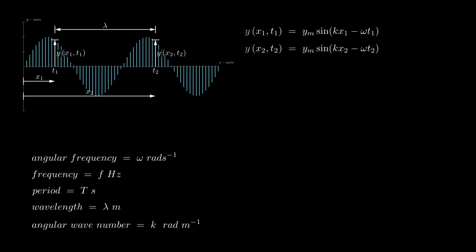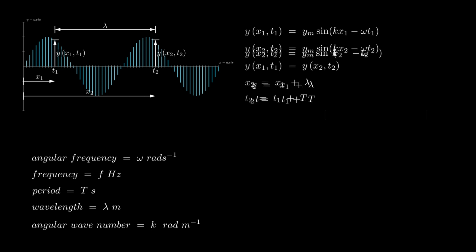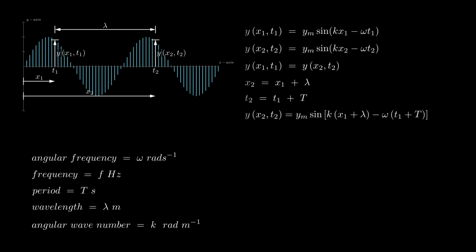As the wave travels a distance equal to one wavelength, the displacements at these 2 points align, as illustrated in the figure. Given that a wave completes one cycle when it travels a wavelength, let's redefine the distance covered, and the time taken by the wave accordingly. This redefinition results in the following two expressions. Now, let's plug in the values corresponding to the second position, and represent the wave equation as follows.